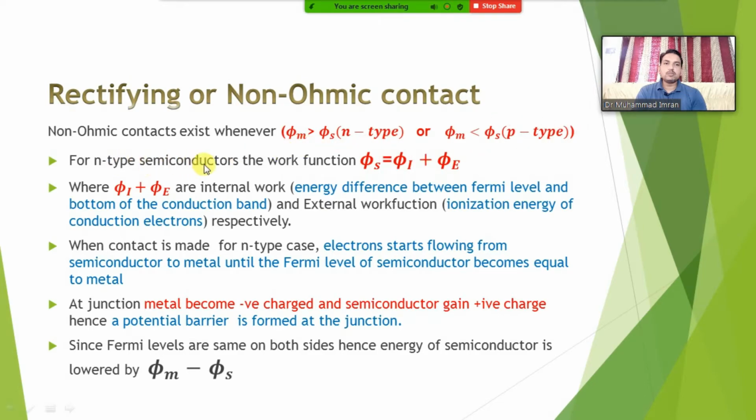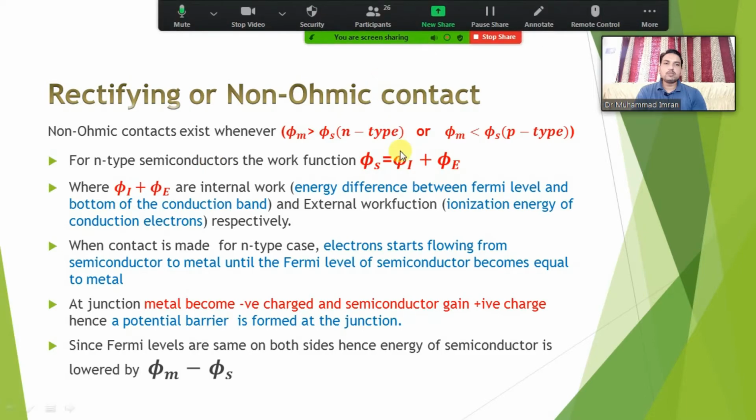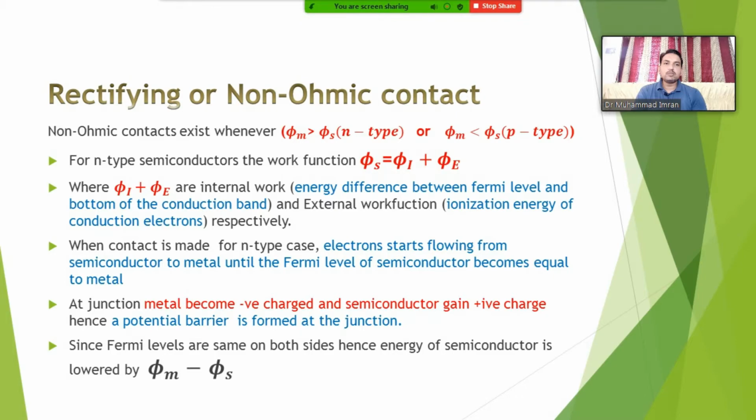For an n-type semiconductor, the work function consists of two parts. One is the internal work function, phi I. This is the energy difference between the Fermi level and the bottom of the conduction band. The other is the external work function, phi E. This is the ionization energy required to eject an electron from the donor states to set it free.